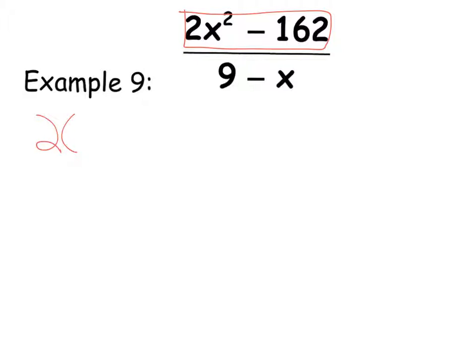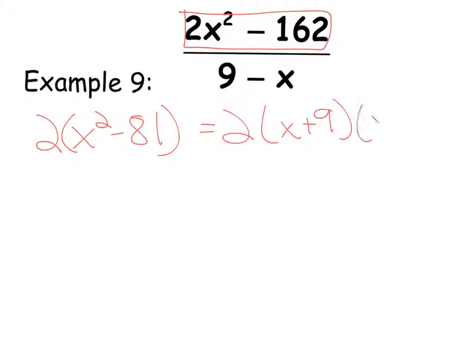We can divide both of these by 2, and we are going to be left with x squared minus 81. X squared minus 81. Boy, that sure looks like some perfect squares in that there parentheses. You are right. We can rewrite this as 2 times x plus 9, x minus 9.